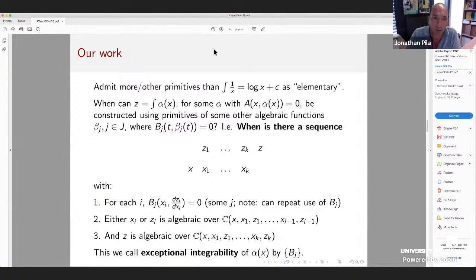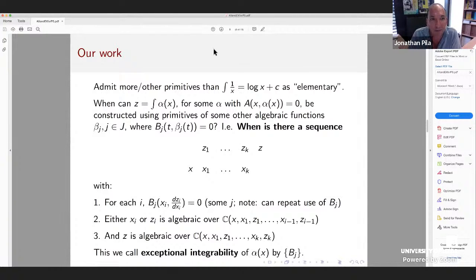So our general problem is, if you have some abelian integral z, the integral of an algebraic function alpha of x, so here alpha will satisfy some polynomial relation A(x, alpha(x)) equals 0. When can you construct such a primitive using the primitives of some other specified algebraic functions, which we'll call the b_j's?